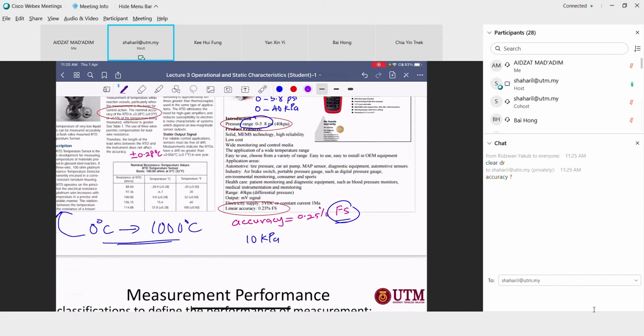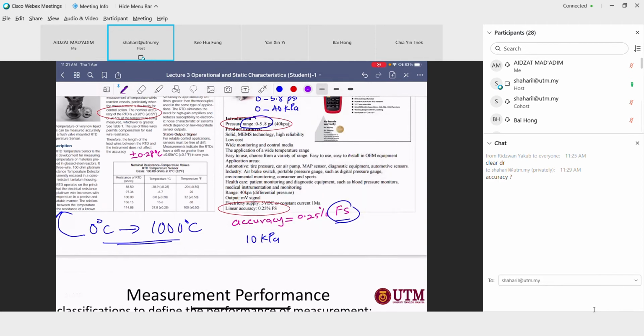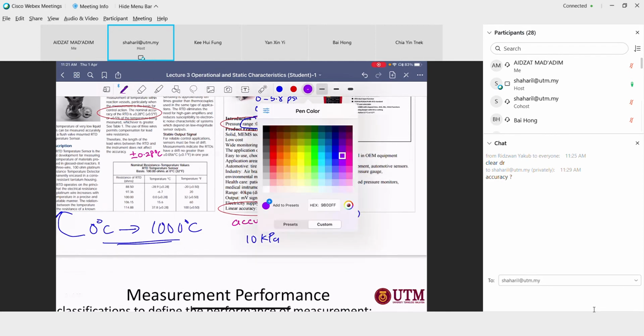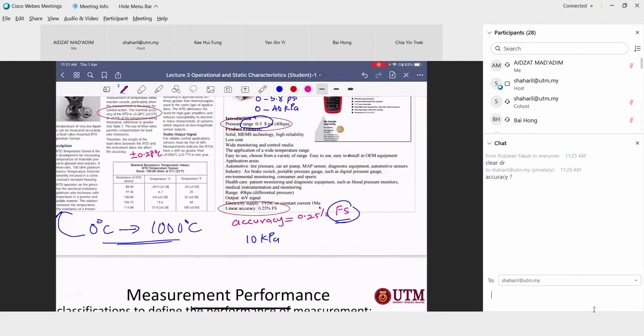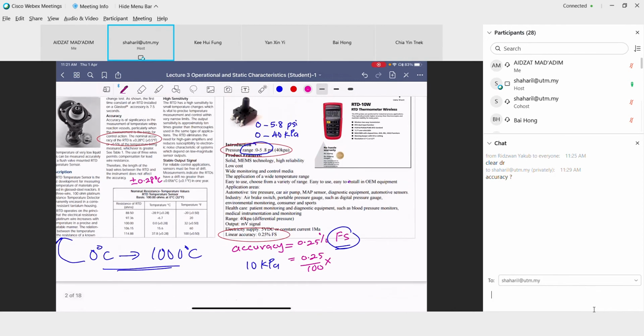Okay. You can get it from the accuracy. This one, 0.25% times full scale, means the maximum the transducer can measure is 40 kPa.